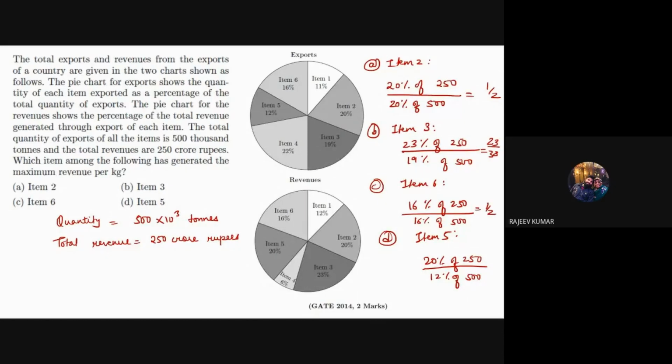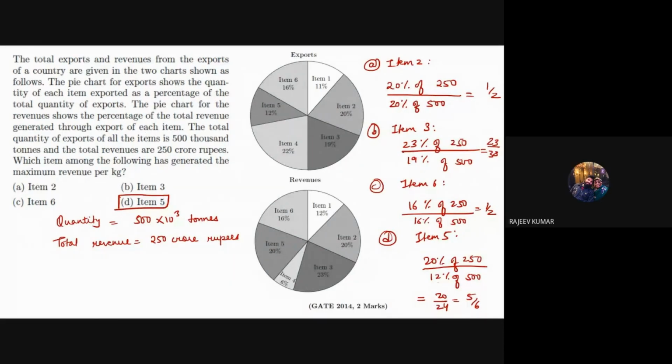This will again become 1 by 2. This will become 20 by 24. Right? ये 1 by 2, 0.5 हो जाएगा, ये 0.5 से ज्यादा है, and this is, if you cut it out, it will become 5 by 6. So I guess D will be the correct answer. If you find out these ratios, 5 by 6 will be greater than 23 by 38. So your correct answer is going to be item D.